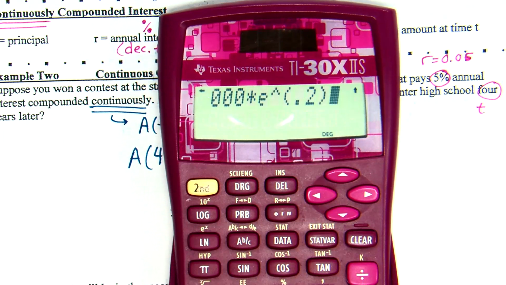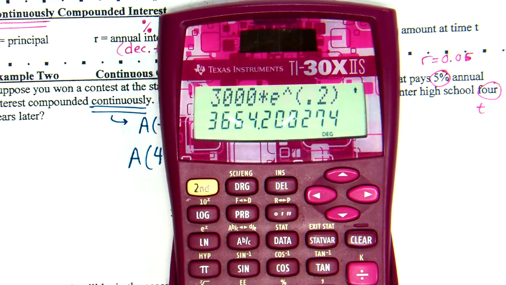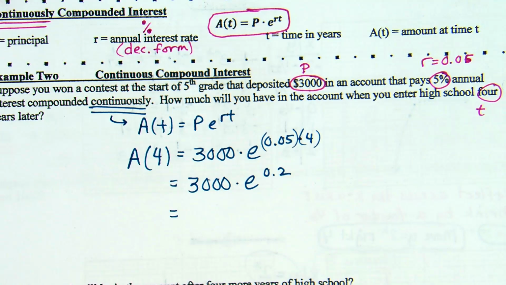A basic 4 function, I can't say that it will. Now, the answer is $3,664.21, because, of course, you're going to give this to me in dollars and cents.